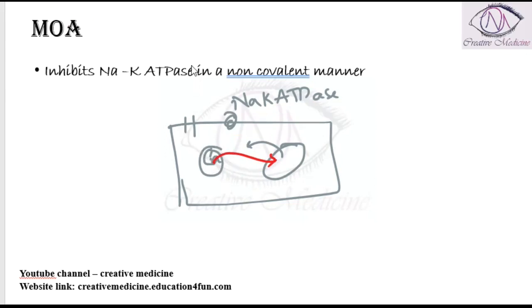Similarly, the calcium which has come from the cytoplasm should go out of the cell. This is mainly aided by the sodium calcium exchanger which is present on the cell membrane.